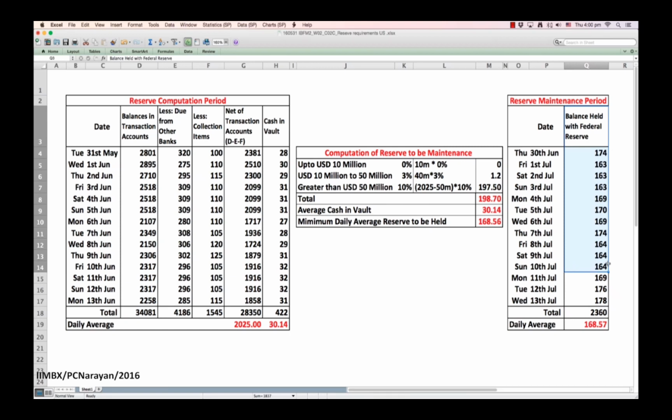So treasurers generally tend to keep somewhat of a low amount for the first few days and meet the shortfall in the last few days, because they are measured for meeting the reserve requirements on an average for this fortnight. So as long as he meets this average of 168.57 for the 14 days under consideration, that is 168.56, which is computed, the reserve targets for this bank have been met.